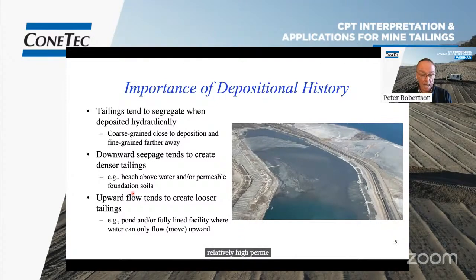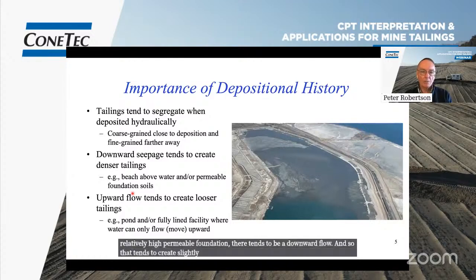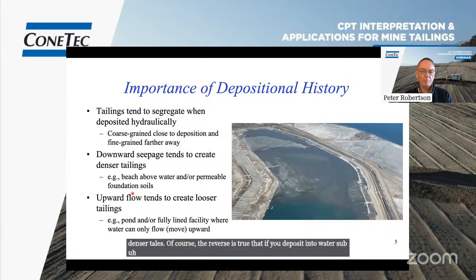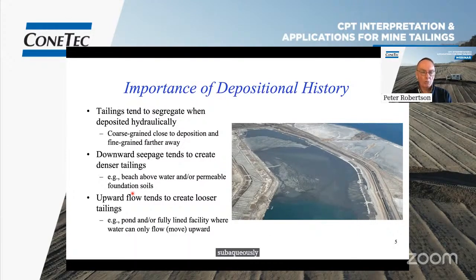There tends to be a downward flow, and so that tends to create slightly denser tailings. Of course, the reverse is true, that if you deposit into water, subaqueously, then when the tailings are settling out in the water, usually as the tailings consolidate and settle, the water typically has to flow upwards. So this upward flow tends to produce looser tailings.